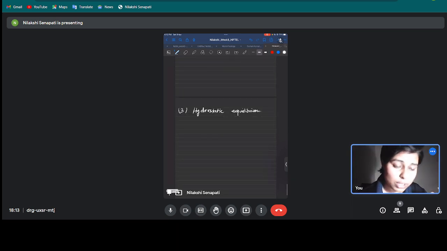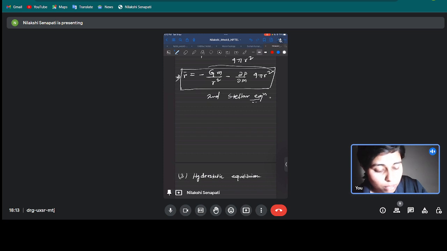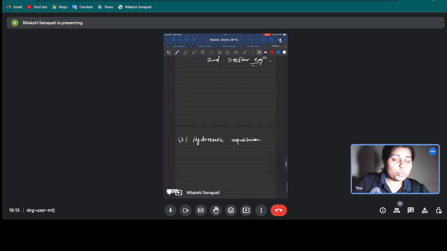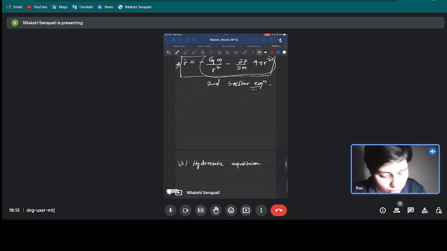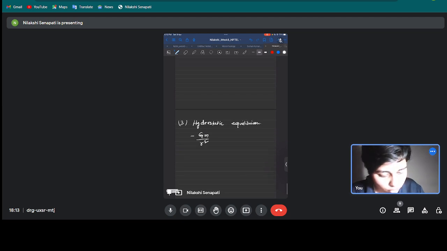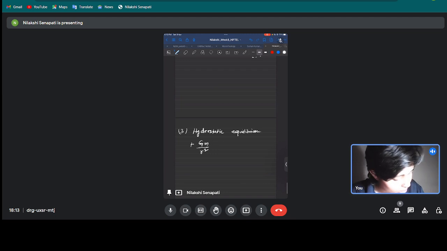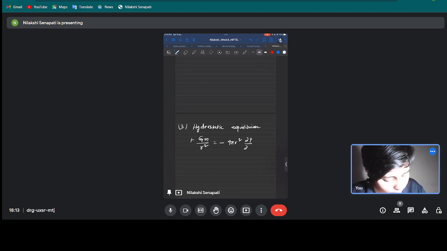If it is in stable equilibrium condition, then the gravitational pull, the gravitational attraction, and the outward pressure will balance with each other. That means minus g m by r square, if it becomes plus, then it is minus 4 pi r square del p del m, and that means r double dot becomes 0.